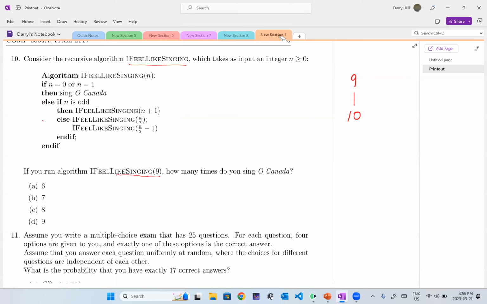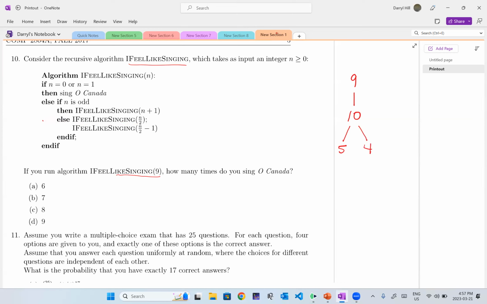Recursively calls it on 10. I go back here, I say if n is odd, well, it's not odd any longer. So now I'm going to do this else statement. And then I call this twice, on n/2 and n/2 minus 1. So 10/2 is 5. 10/2 minus 1 is 4. Okay, good.